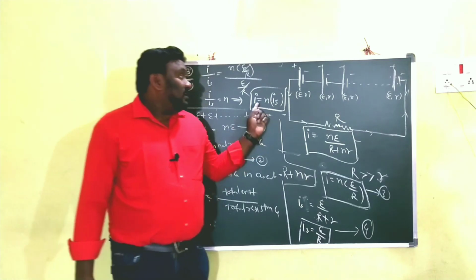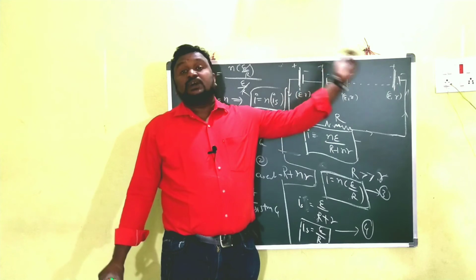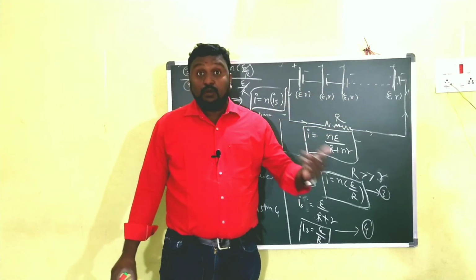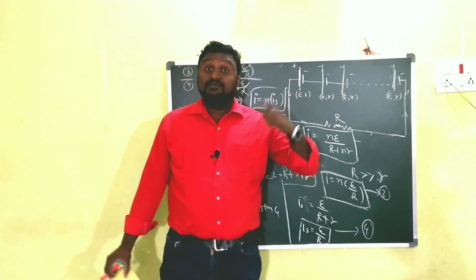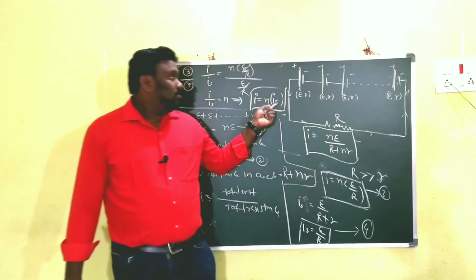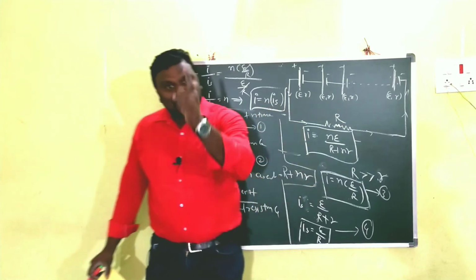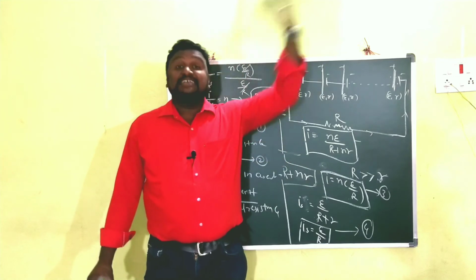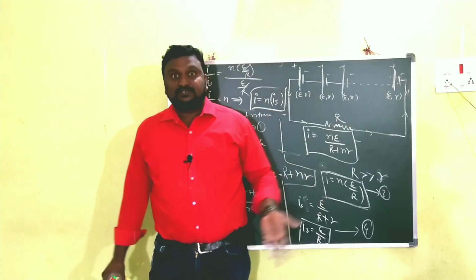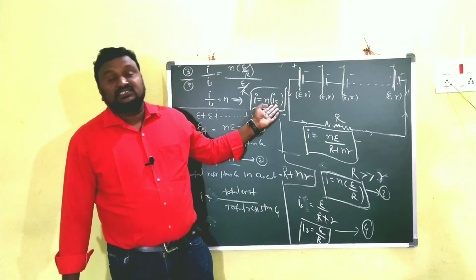That means, children, what is the I value? The amount of current in the series combination of cells should be equal to N, the number of cells, into IS, the amount of current through a single cell. That means the value of I is increased by N times. That's why I is equals to N into IS.